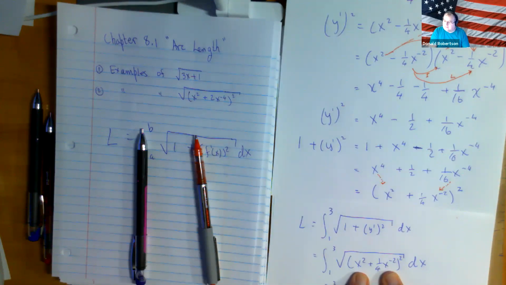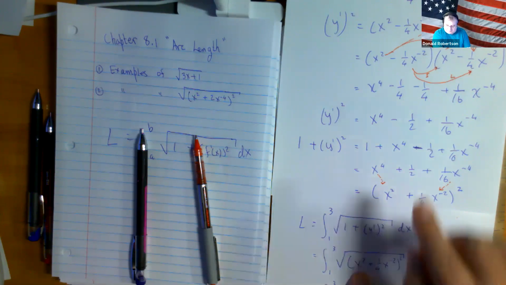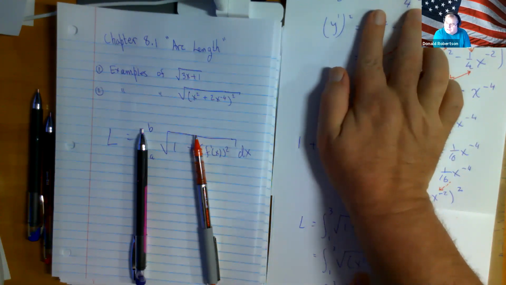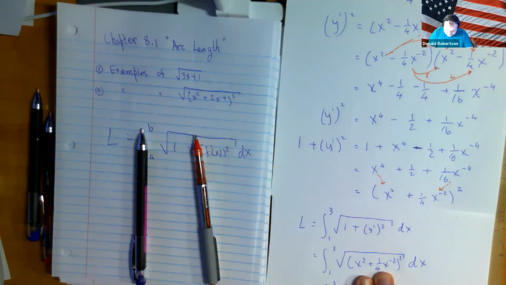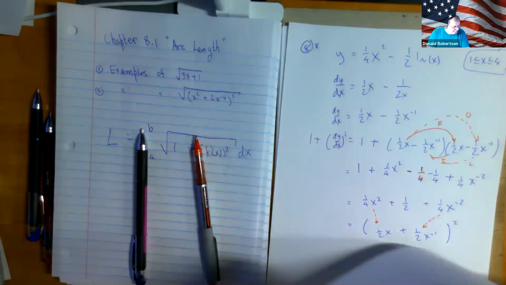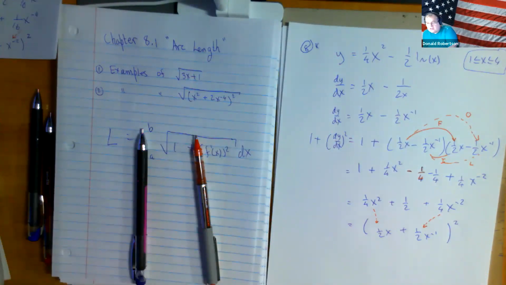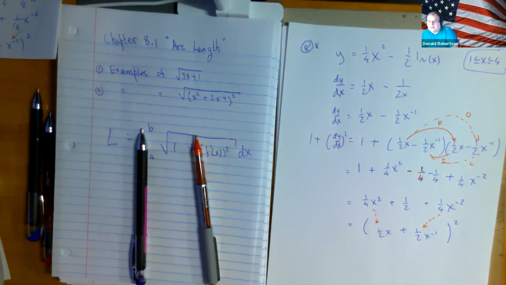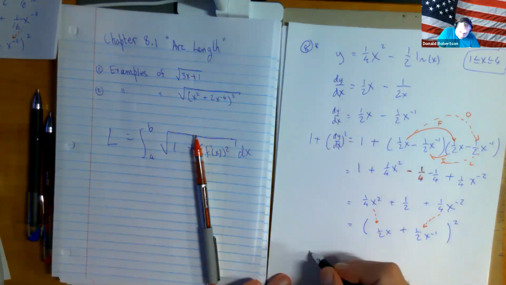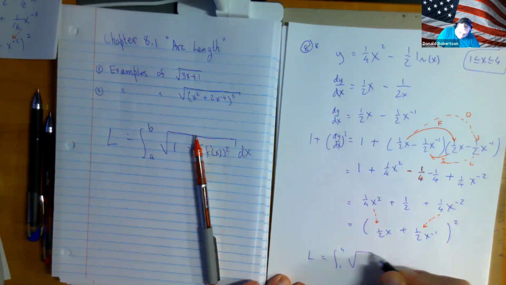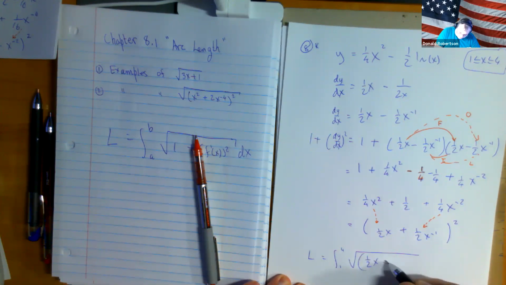Same 2 guys, but a plus. Those 2 guys with a negative, same 2 guys with a plus. That's not just a random coincidence. Now, it doesn't happen all the time, but it does happen a big majority of the time. And it's normally a good signpost that you're doing it right. So the arc length then is the integral from 1 to 4, the square root of this guy.